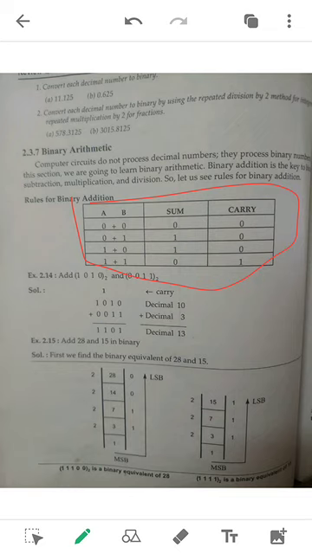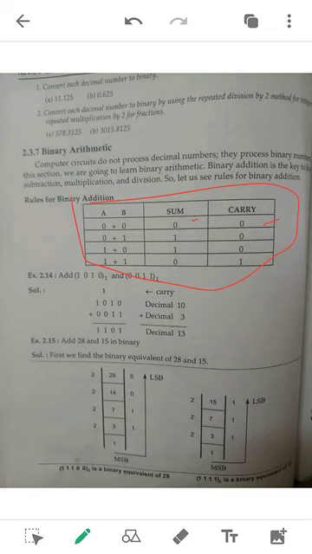Let us assume we have two numbers, A and B. If A is 0 and B is 0, then you get the sum 0 and the carry is also 0. This table you have to remember. This is very important.